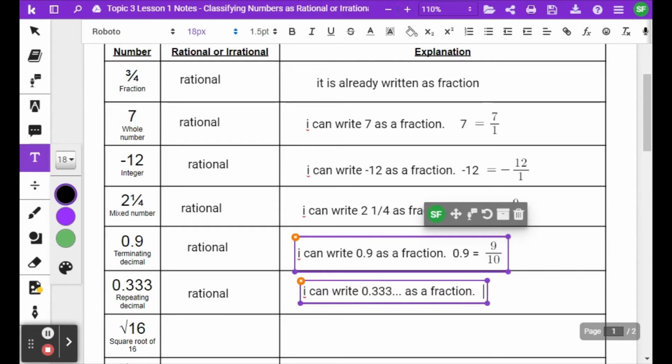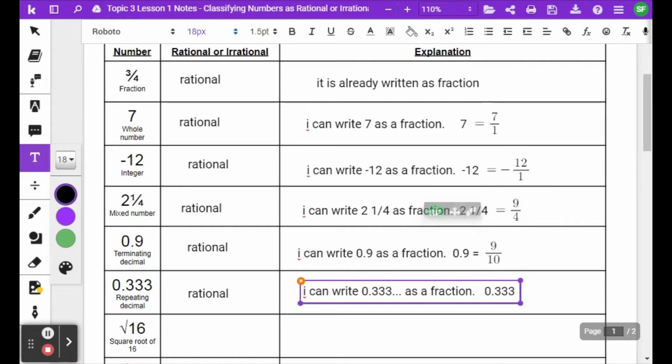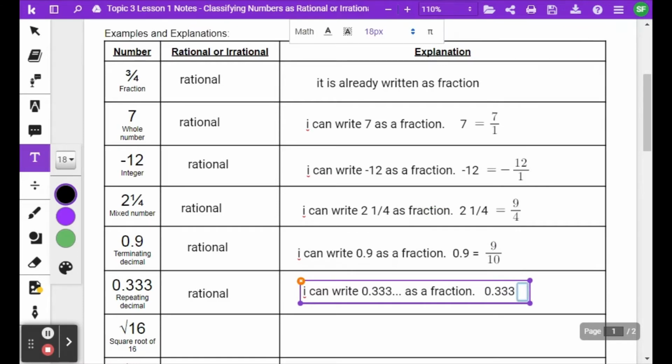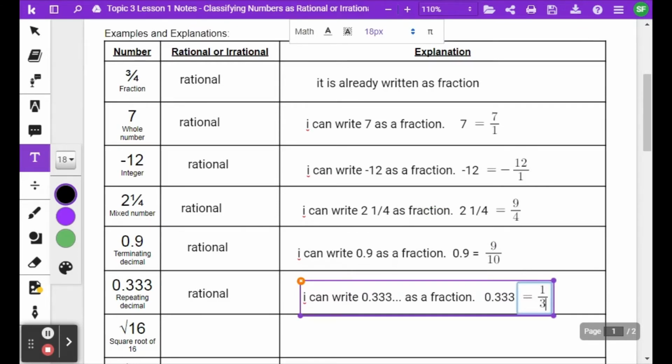And some of you might know this common fraction. 0.333 repeating is the same as 1/3. 1/3 in fractional form. Rational numbers have to be able to be written as a fraction. Since I can write 0.3333 as 1/3, that makes it a rational number.